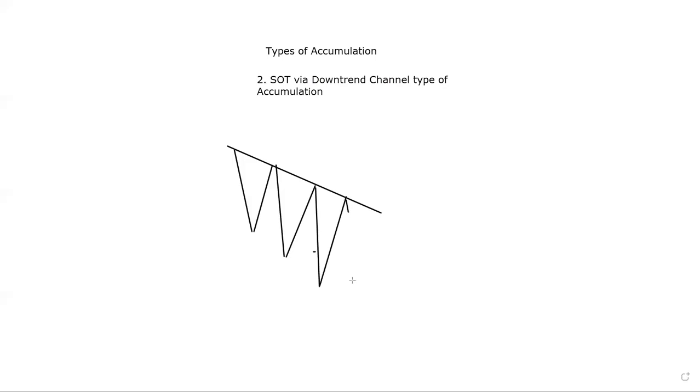Okay, a similar structure here, but now you see the price is just reducing and reducing. So SOT is observed over here. Okay. Now we draw the structure here.